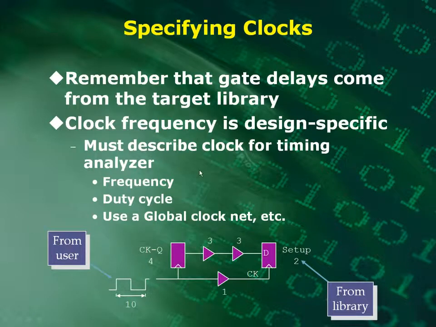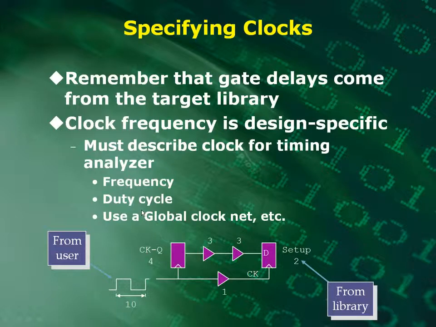Let's remember that our gate delays come from the target library, and the clock frequency is design specific. So we have to be able to describe that clock to our tool. It needs to know things about it, such as frequency, the duty cycle, and whether it needs to use a global clock net, say in the FPGA, because a lot of FPGAs have dedicated routing resources just for clocks.